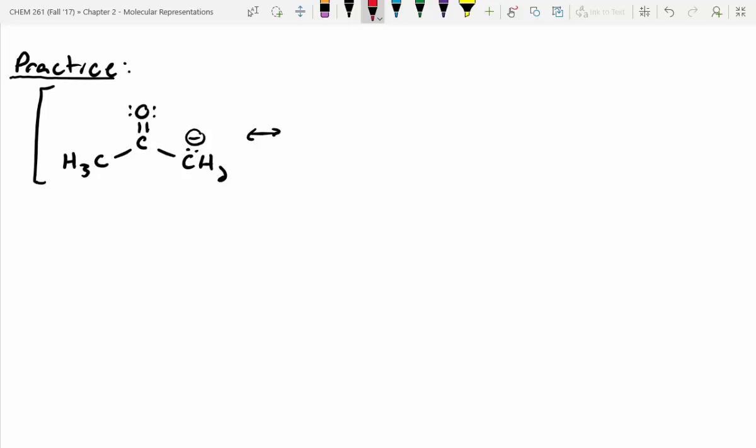So I'm going to do something we haven't seen before but is valid. We can move this pi bond up to the oxygen. This carbon still has a negative charge. This carbon's positive.